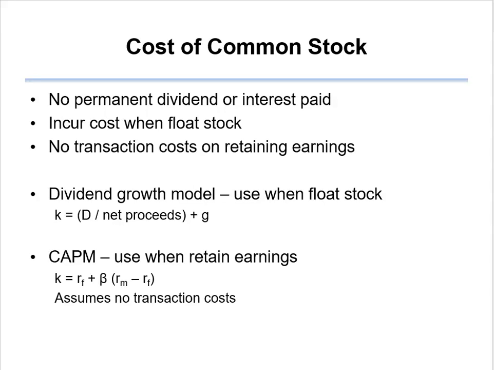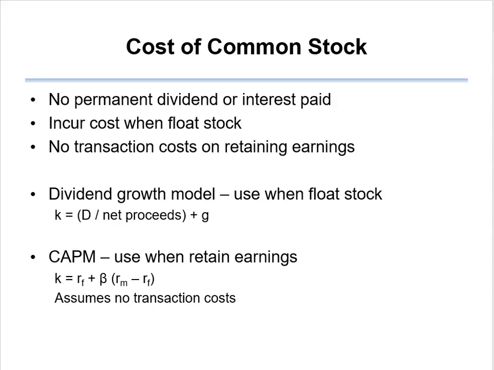Now retained earnings. Why do they have a cost of capital? Well, because our investors, the owners, expect a return on that money. Otherwise, give it back to them. They expect a rate of return. So the cost of capital we're going to use for retained earnings is the capital asset pricing model. So we're going to assume that's the value.